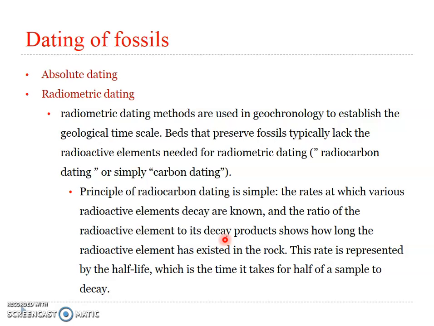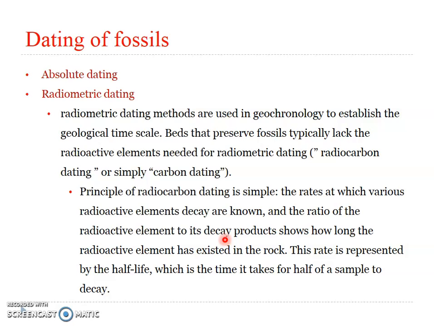What it means is, for example, if we get an object and we know that it contained carbon compounds and carbon 14 in the past, we are going to measure the carbon 14 present in the object now. Then we also measure how much of the decay product is present in the object.